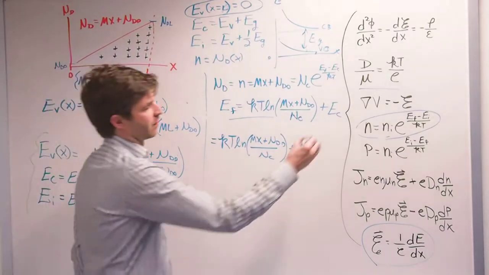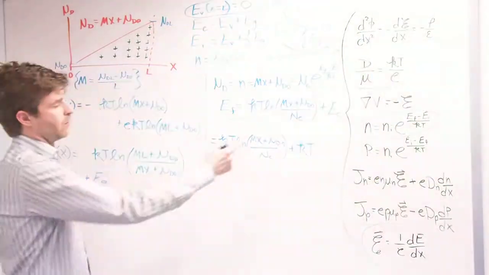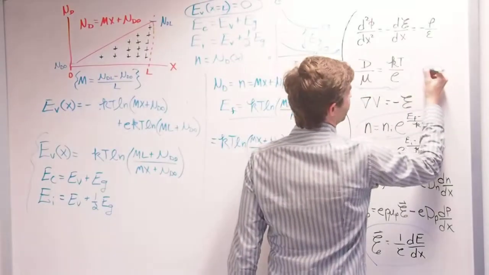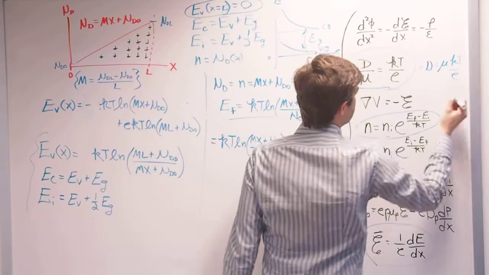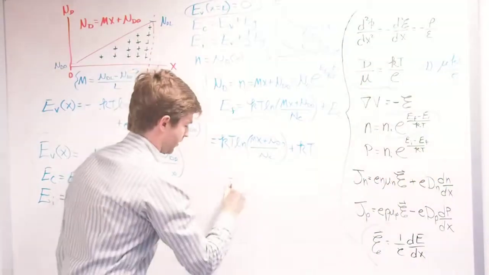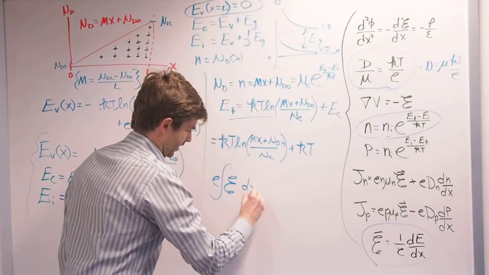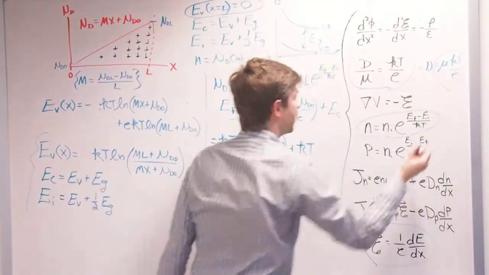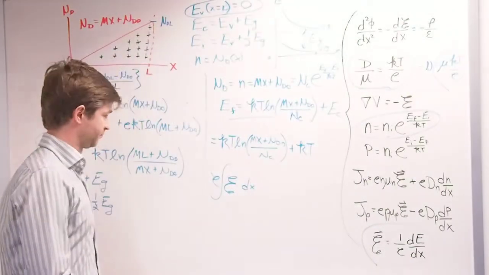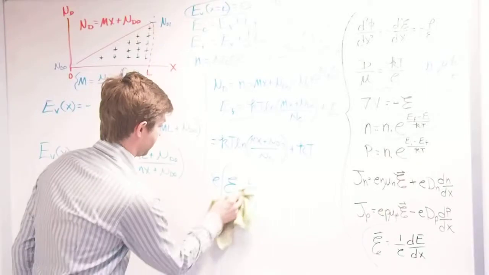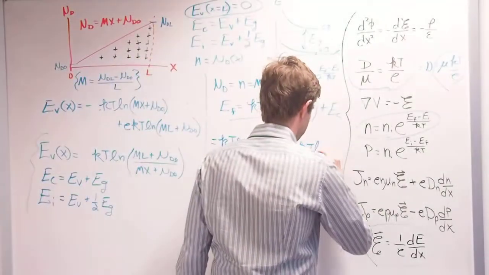It cancels out when we use this substitution right here, when we changed D to mu kT over e, and our integral was e dx. The e's were supposed to cancel out. I apologize for that, but we don't have time to redo that. So plus kT natural log.